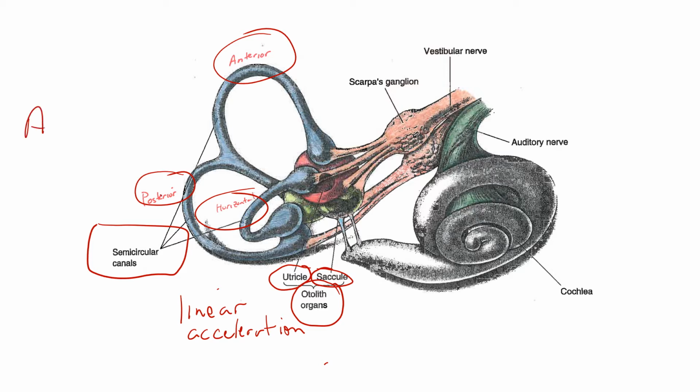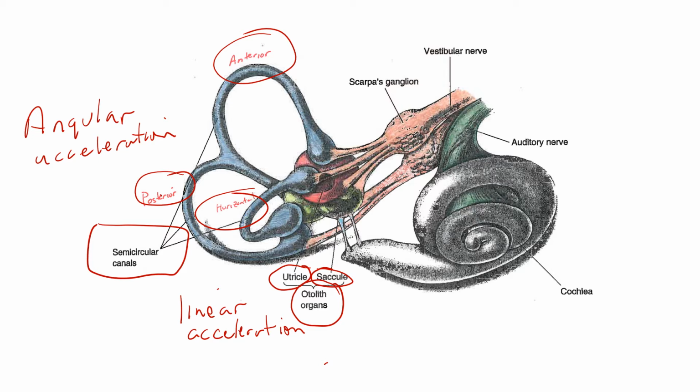These are for the sensation of angular acceleration. Depending on which direction we move, we are going to stimulate either the utricle, the saccule, or one or more of the semicircular canals.